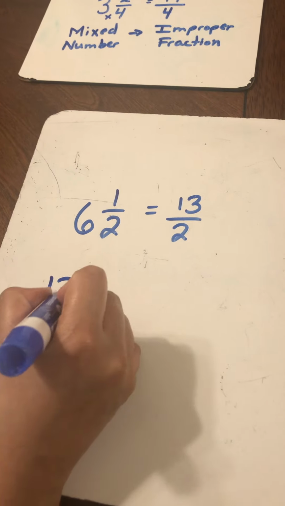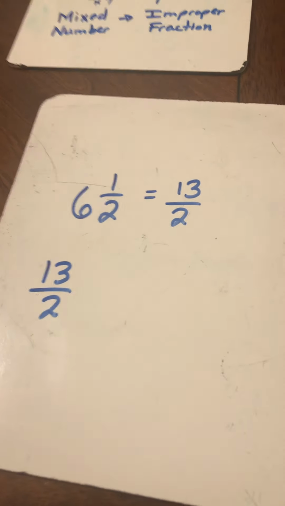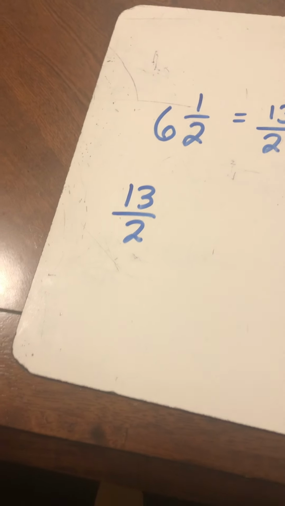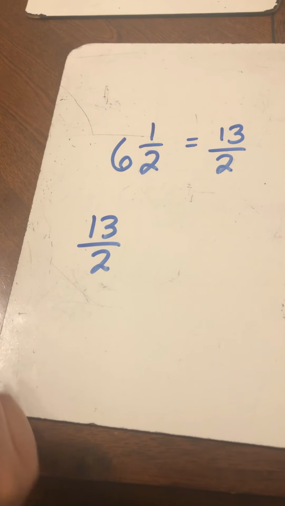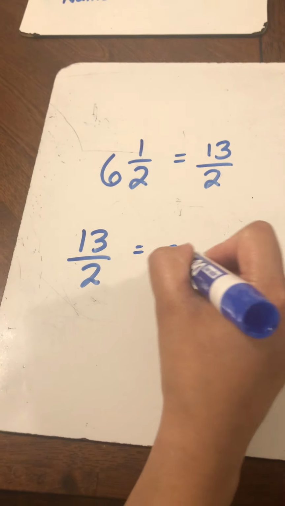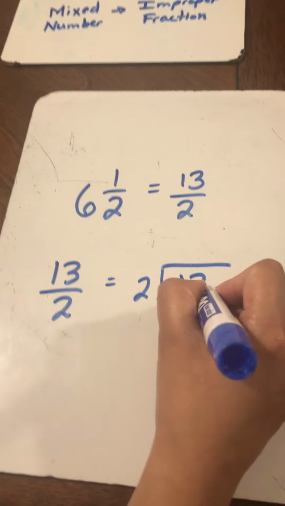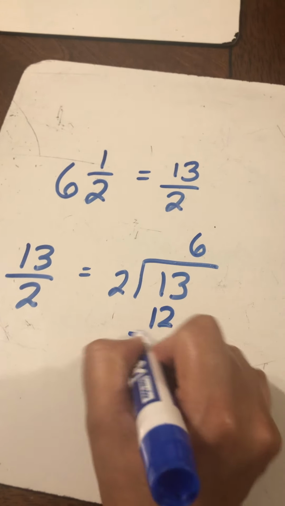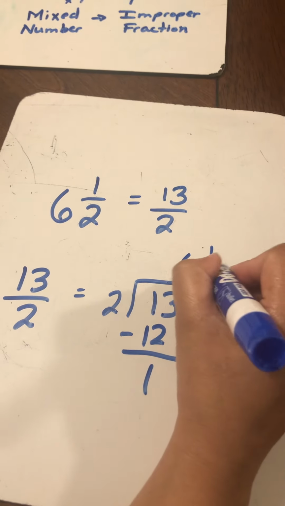Okay, and now pause the video again, and I want you to convert 13/2 back into a mixed number. Okay, boys and girls, hopefully you did your long division and you got 6 1/2.